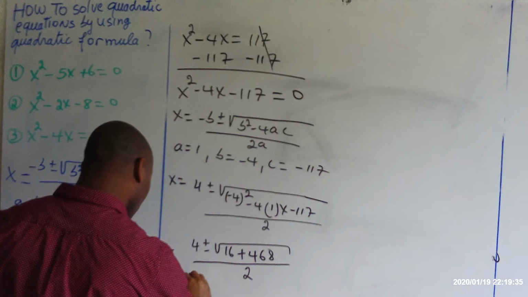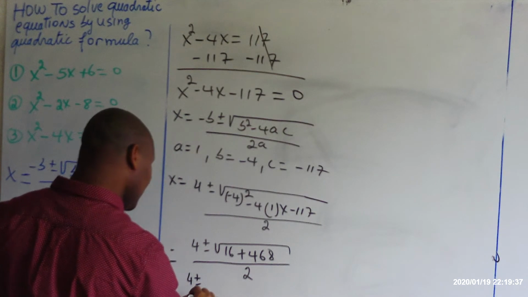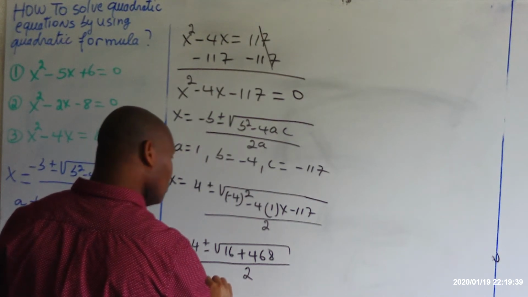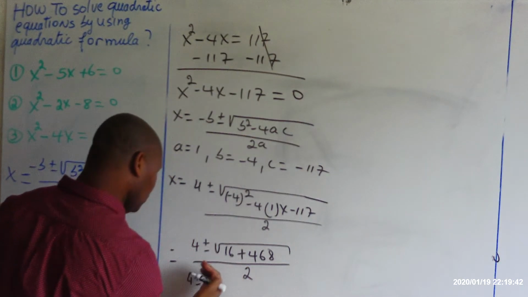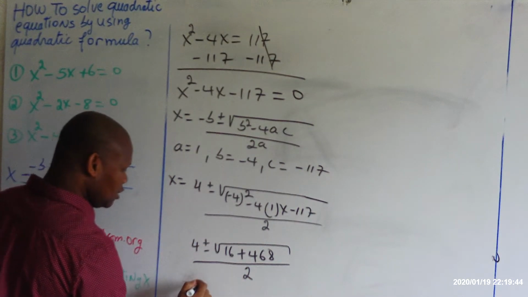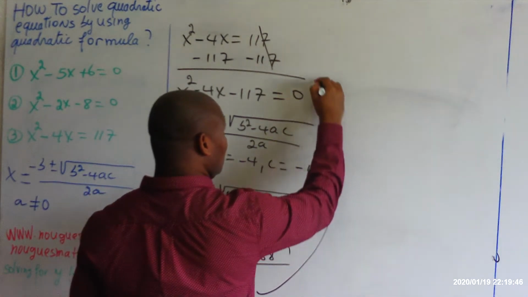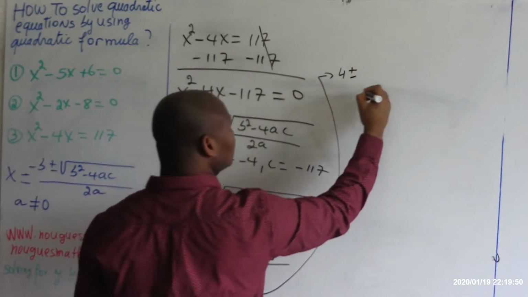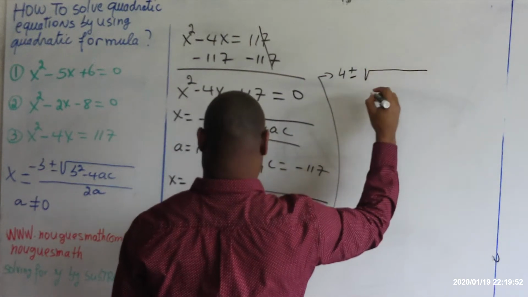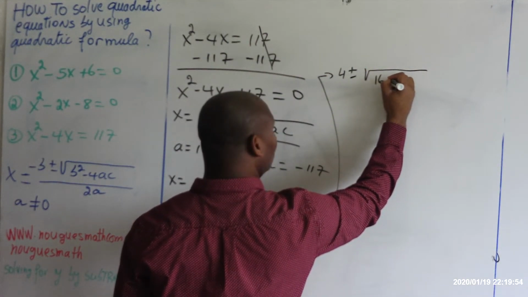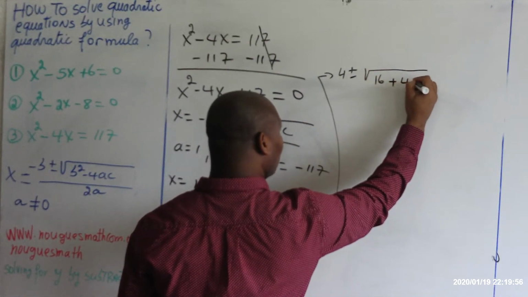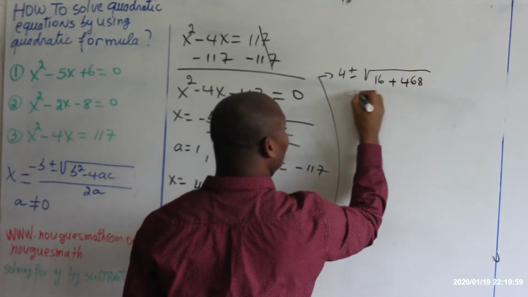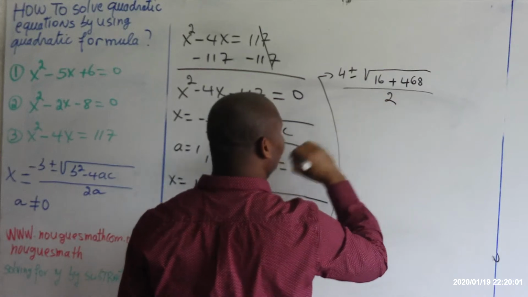Okay, so now it's going to be very easy. That's going to be 4 plus or minus. Let me write it up for you so that you can see. Okay, 4 plus or minus the square root of 16 plus 68 over 2a, over 2.